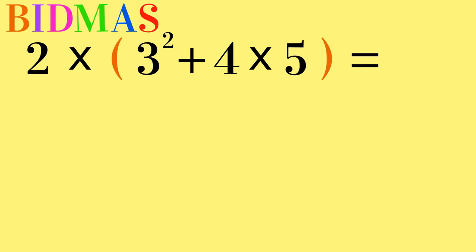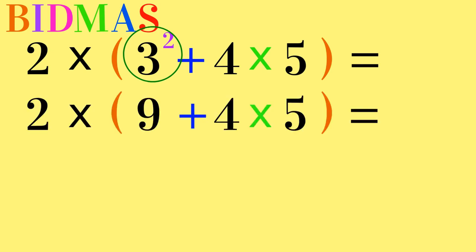Inside the brackets, we can see there is an indice, addition and multiplication. According to BIDMAS, we will need to do the indice first. In this case, 3 squared, which is 9.